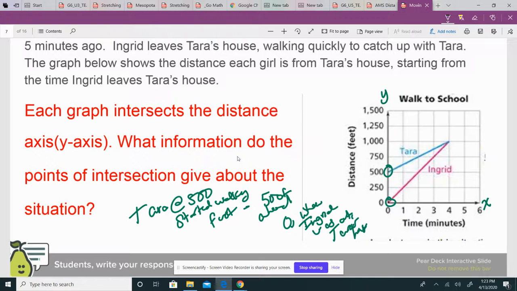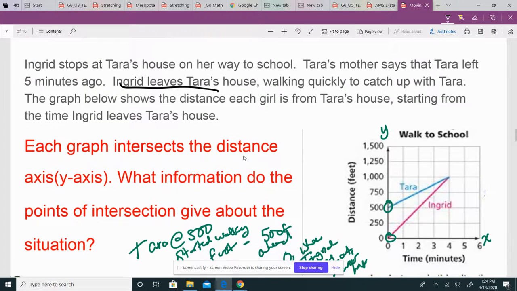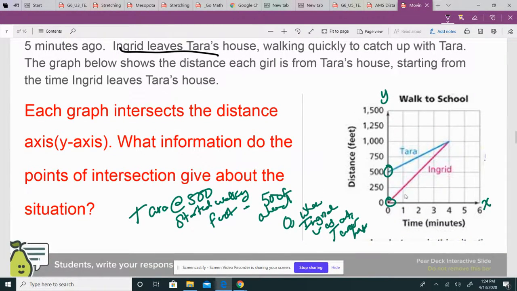The intersection of Ingrid's line at 0, right here, means that Ingrid was at Tara's house when she first started walking. And we know that Ingrid was at Tara's house, right? Because Ingrid left Tara's house and her mom had said, oh, shoot, she left 5 minutes ago. So she's now booking it. And this is more real life context.